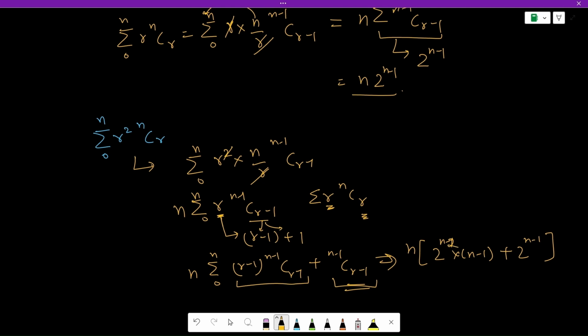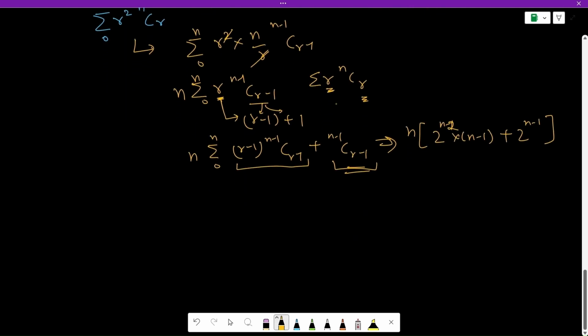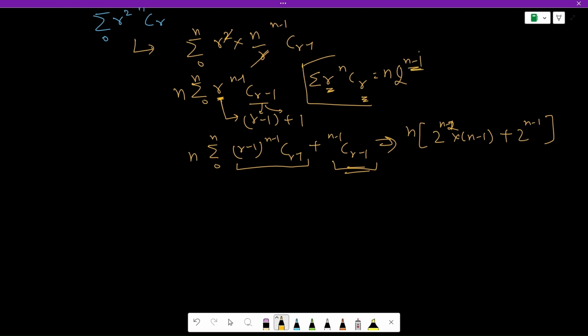Sorry, this will be n minus 2, right? Because the result was n into 2 to the power n minus 1, so you have to subtract 1 from this. So this will be n minus 2. Now we can take n into 2 to the power n minus 2 as common out, into n minus 1 plus 2. So the final result is n into n plus 1 into 2 to the power n minus 2.